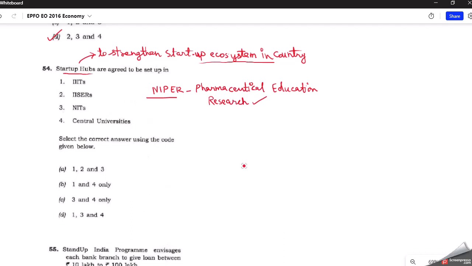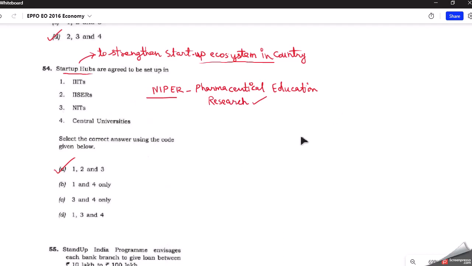So again, we can see that they are asking questions based on schemes which are in the news at that time. So for 2023, we must be aware of major schemes launched by the government in 2021 and 2022. We might get questions from 2021 or 22 schemes.